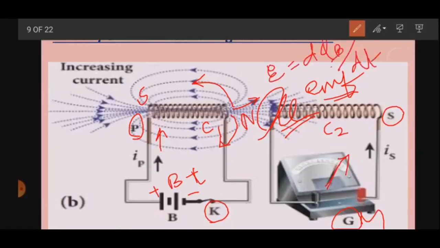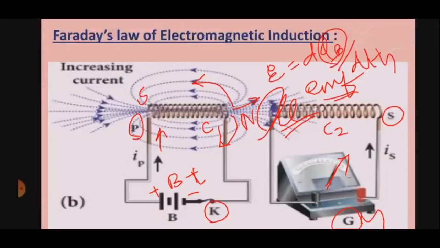What is phi B? This is nothing but magnetic flux. So the magnetic flux changes with respect to time. When the magnetic flux linked with the coil or closed circuit changes, induced EMF and induced current are produced.